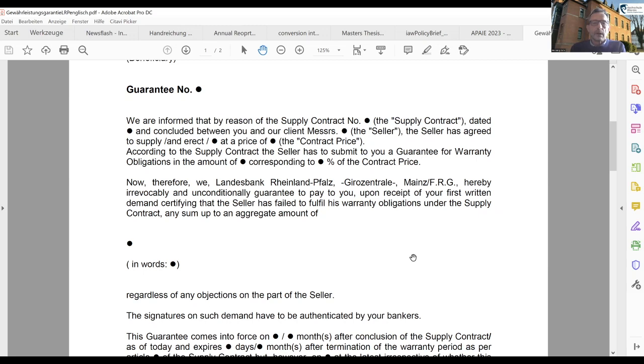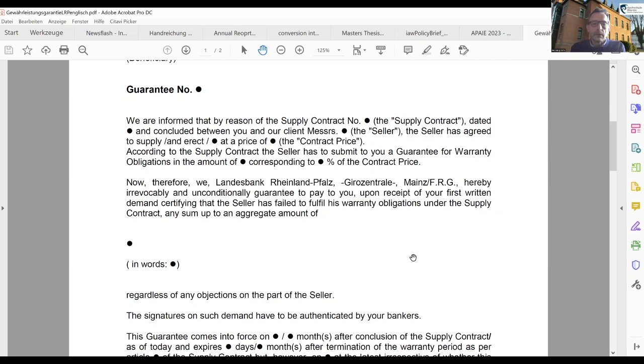So without any other interruption, if you receive a first written demand as a bank certifying that the seller has not fulfilled his obligations, then the bank will pay a certain amount.